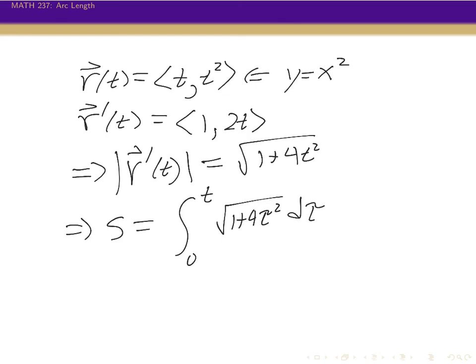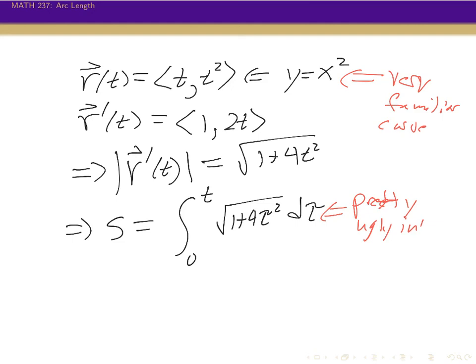You'd either have to do something like integration by parts or use a trig substitution with something like tangent or secant to get a handle on this. So this is a very familiar curve, and already this is a pretty ugly integral for arc length.